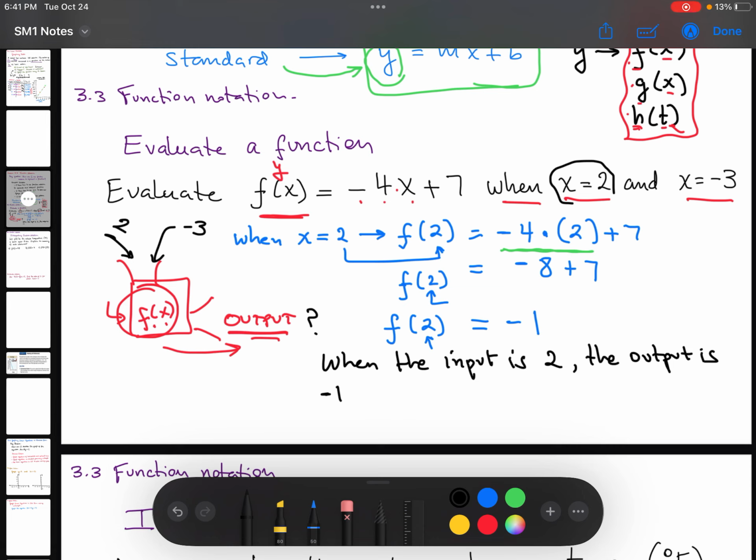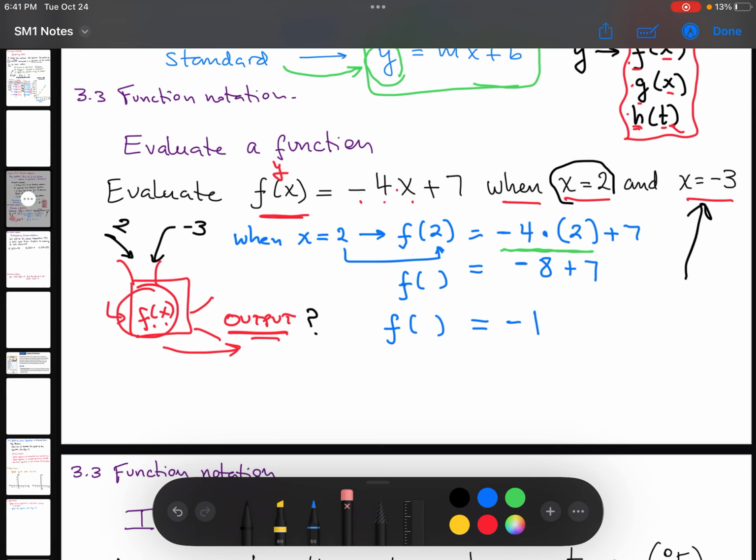Now I'm going to erase because now I'm going to do the second part of our exercise. What is it? Now I want to know what the output is when the input is negative 3. And as you can see, it's going to be kind of like the same way, but this time the input is going to be a negative 3. Actually, I can just erase a bit in here, and I'm going to change the color.